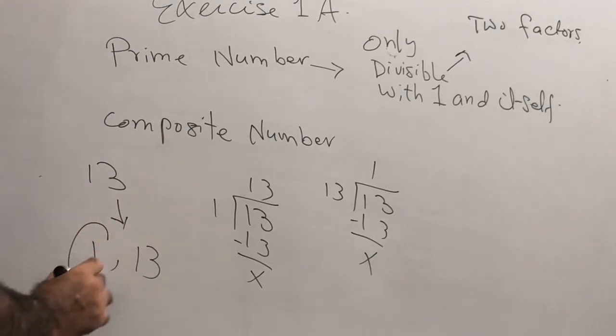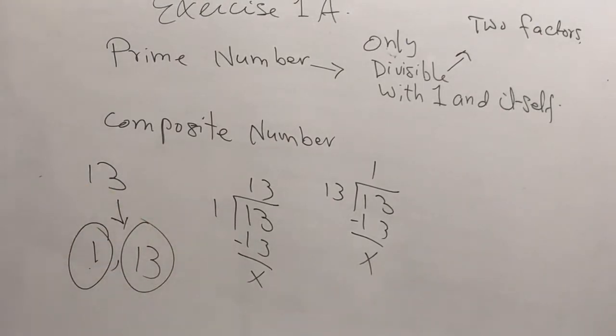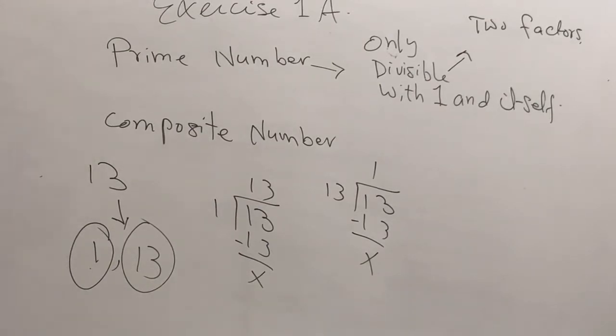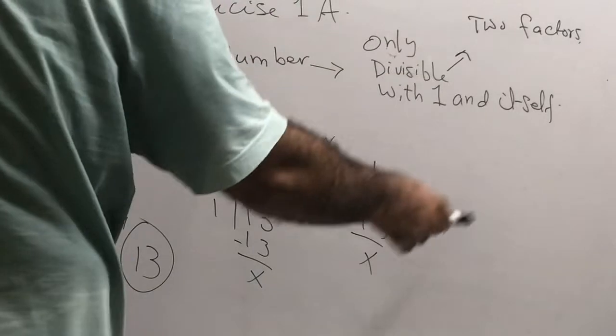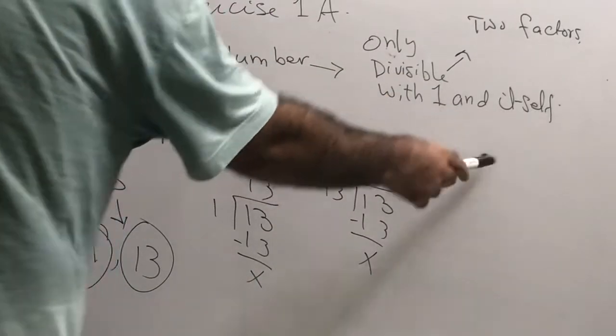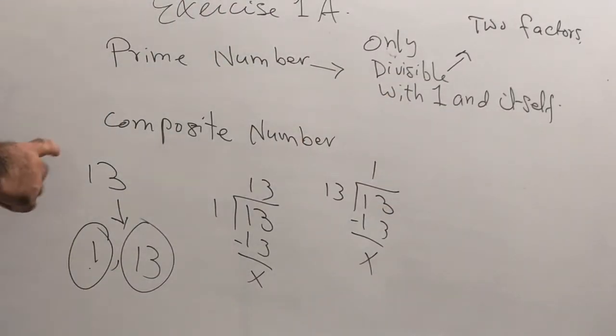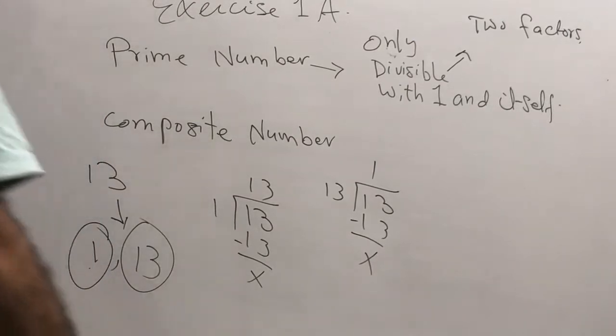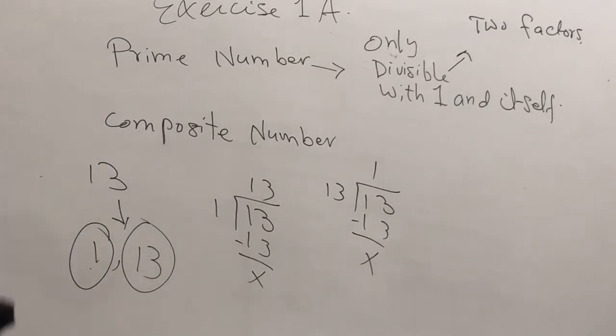So it can be divided by 1 and itself only. There is no other number which is a factor of 13. So it has two factors only, and we say that 13 is a prime number. So this is the definition of prime numbers.